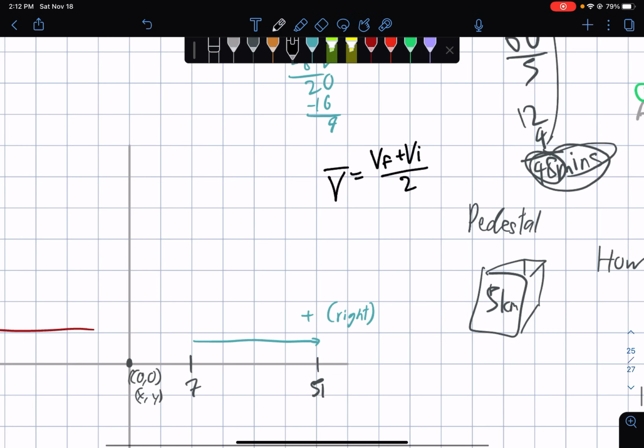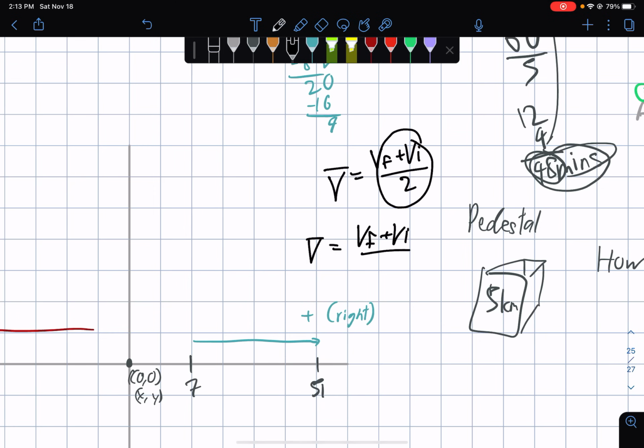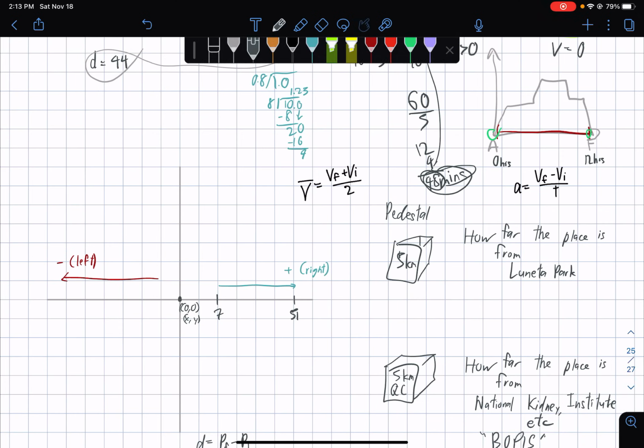Although in some questions in my entrance exam reviewer, the formula is not this one. The denominator is different. I'm not sure what the denominator is, but yeah, it's not 2 for some reason.